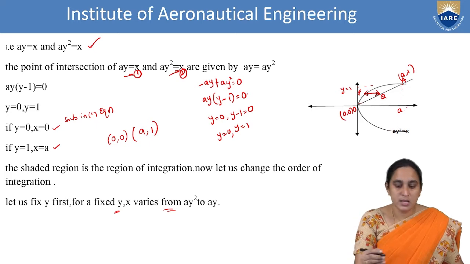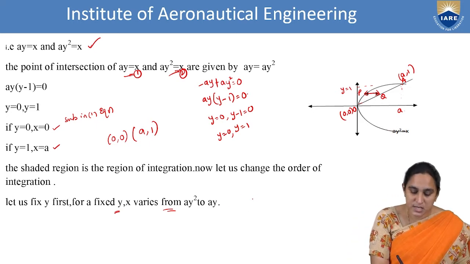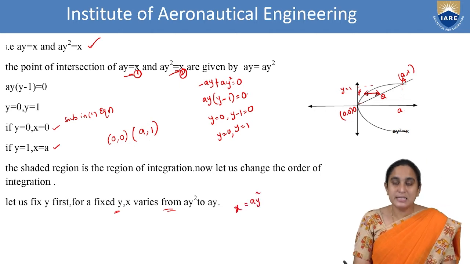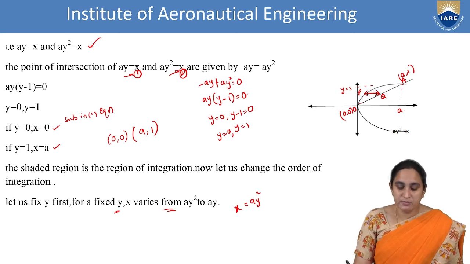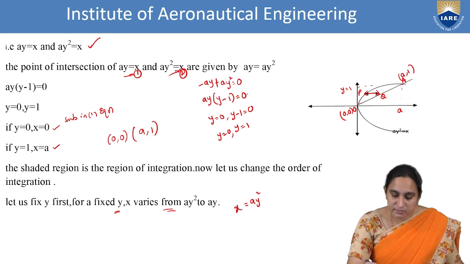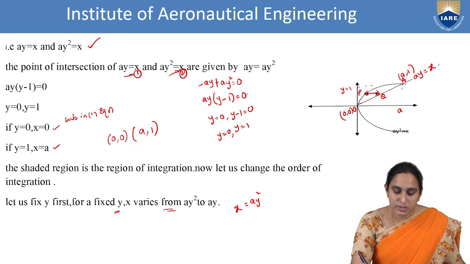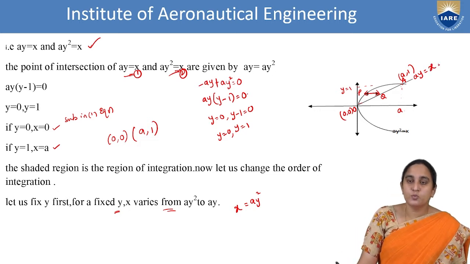P is equal to what? Ay square. That means ay square is equal to x, the x limit point in terms of y. And Q touches the straight line, whose equation is ay is equal to x.